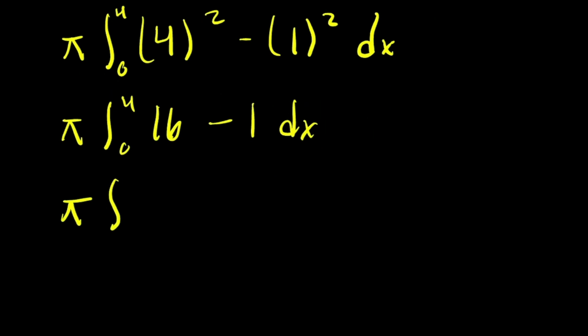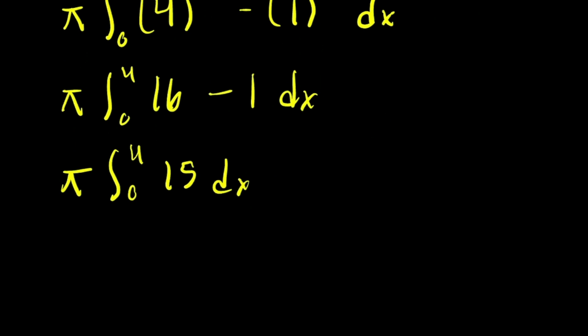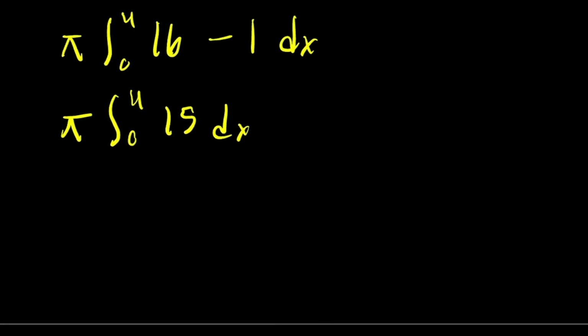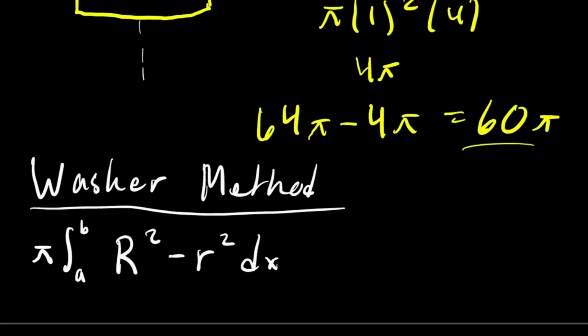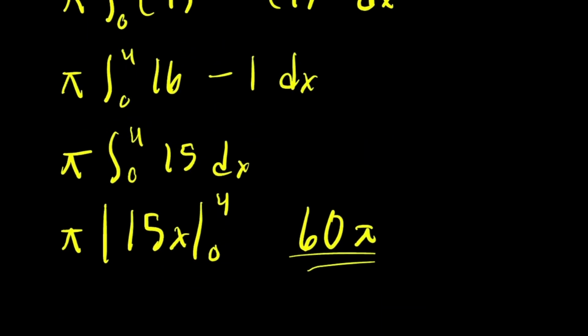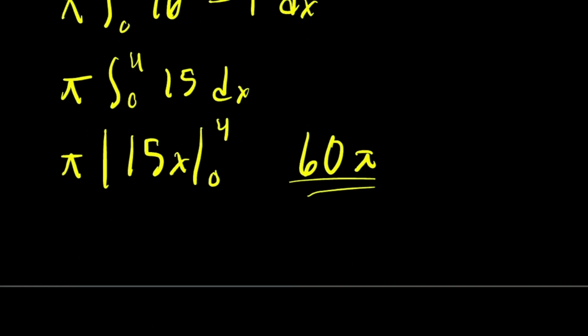Pi times the integral of 15 dx. All right, and now we're back to simple calculus. We've got pi times 15x from 0 to 4. Plug in our bounds and we just get 60 pi. And I believe that is what we got by using geometry. So, a way of checking your work, I guess.